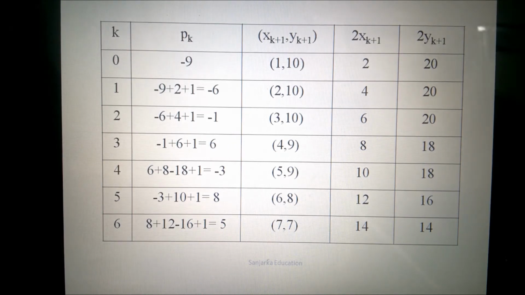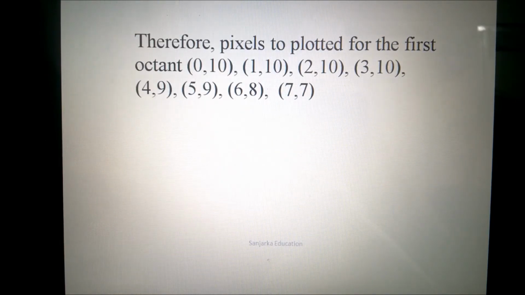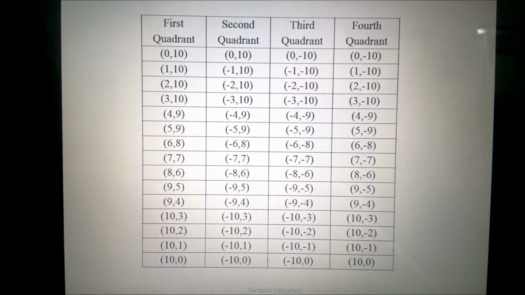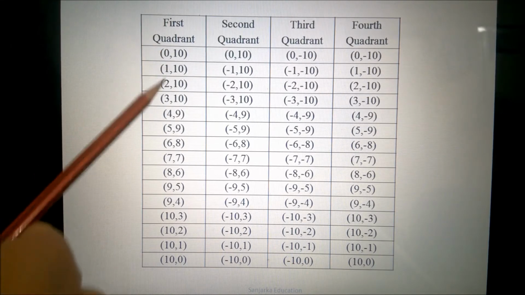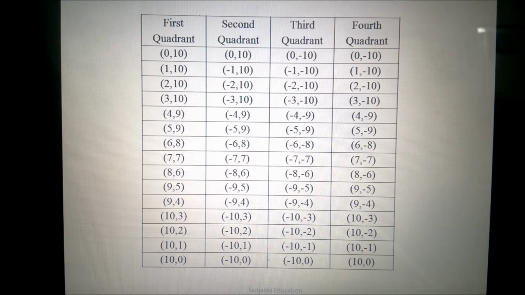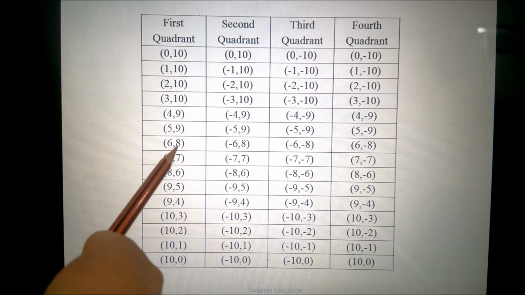Now I'll show that with these coordinates, we can find all the remaining coordinates in the different octants. These are the coordinates we already found. Now I'm coming to the first quadrant. We went only up to (7, 7) in one octant. For the other octant in the first quadrant, you can see it is (6, 8).